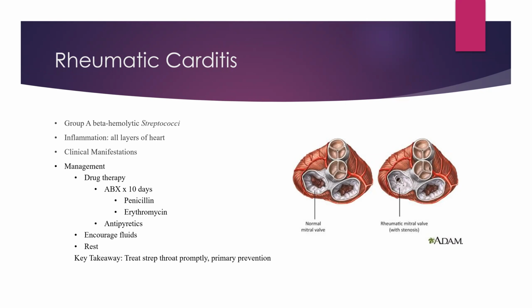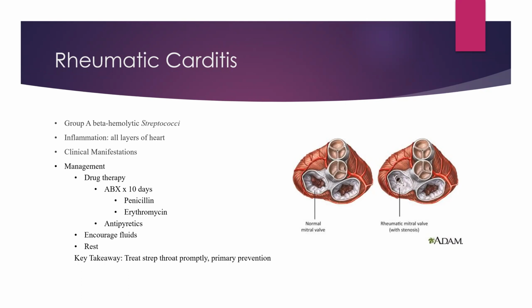What we do to treat it is typically a penicillin or erythromycin, for a long course, typically 10 days. If they need antipyretics because they have high fever, we'll give it to them. And then we will encourage fluids, of course, because if they're febrile, they will be losing fluids and breathing fast. So they'll lose volume through insensible loss. Rest is important for them. We don't want to increase that workload on the heart.